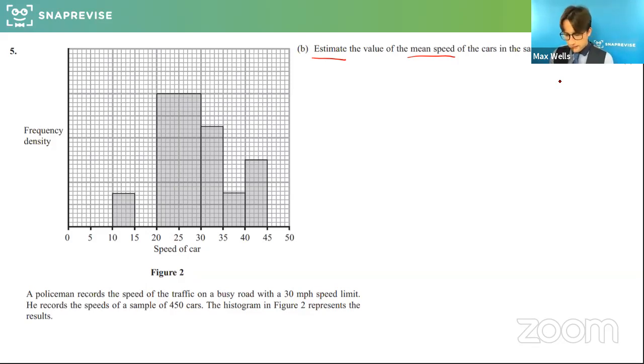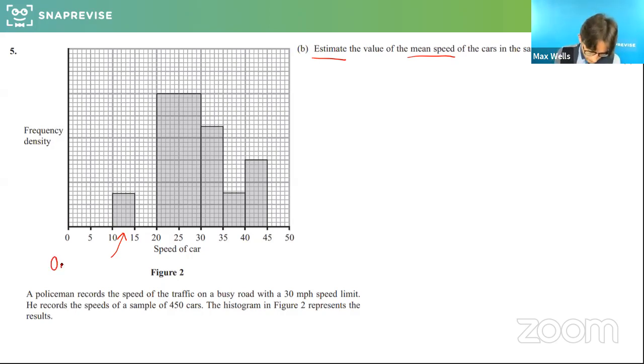Now, estimate the value of the mean speed. Here, again, we're assuming it's all uniformly spread out within each interval, within each box. So what we're going to do here is think about this area, which is 0.8 times 37.5. 37.5 is the area of this bit, but I know that is multiplied by 0.8 to actually give me the number.